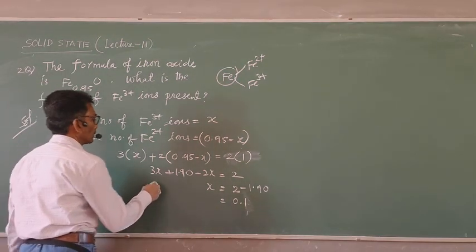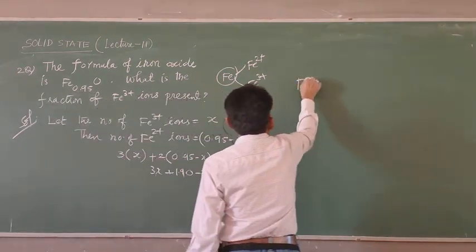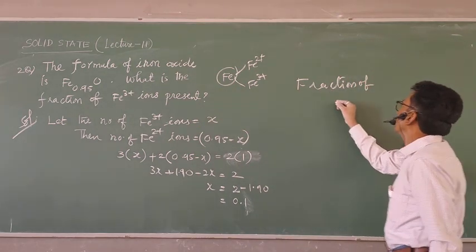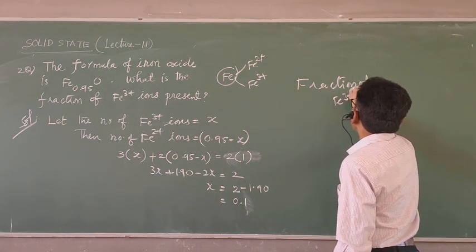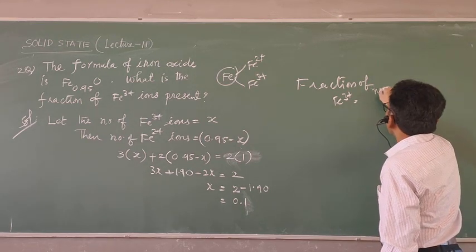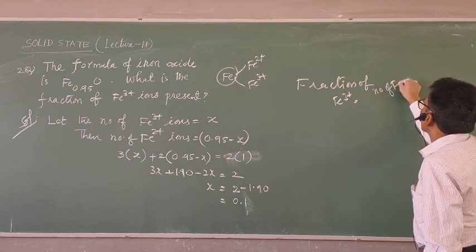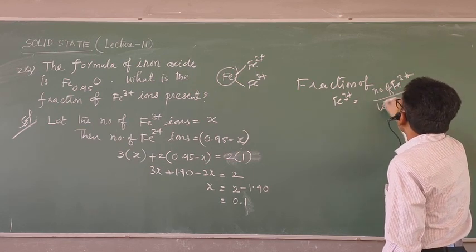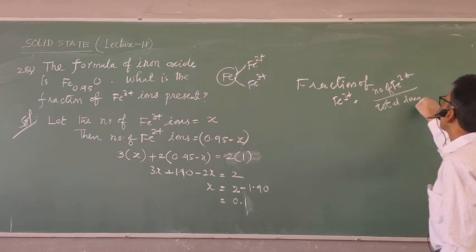Yes, now the fraction of Fe3+ ions is equal to the number of Fe3+ ions by total ions.